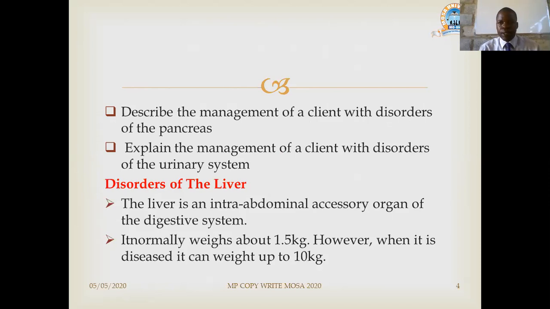If you go back to anatomy and physiology, you realize that the liver is one of the organs which were taught under accessory organs of the digestive system. In normal circumstances, the liver weighs about 1.4, 1.5 kgs. But in a situation where it is diseased, its weight may increase up to 10 kgs.